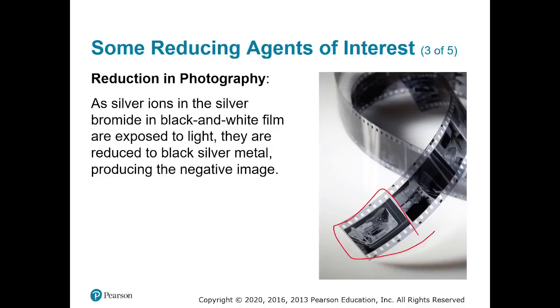The silver ions in the silver bromide in black and white film are exposed to light. They're reduced to black silver metal that then produces a negative image that you can then use to project and print onto the photograph that you take. Or you can take this and shine light through it and play it.